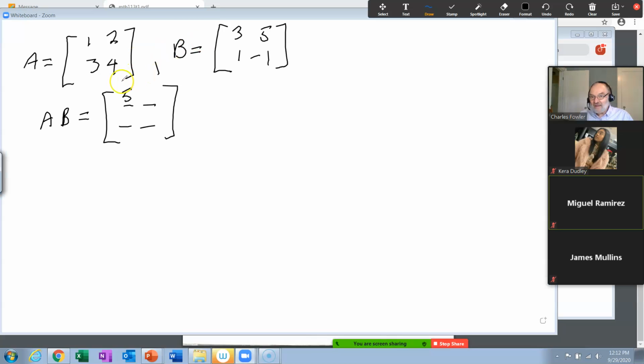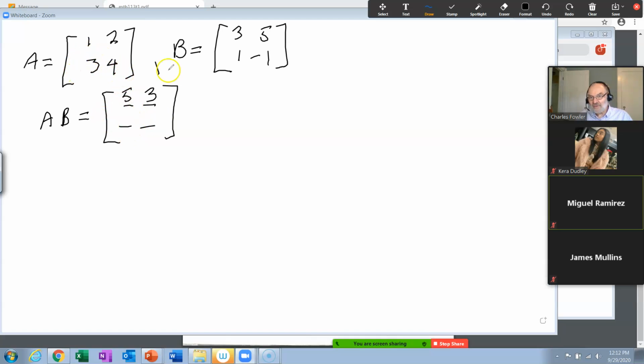Next is the 1, 2 entry here. This one will be first row here, second column here. That would be 1 times 5 is 5, minus 2 would be 3. This entry is the 2, 1 entry, second row, first column.